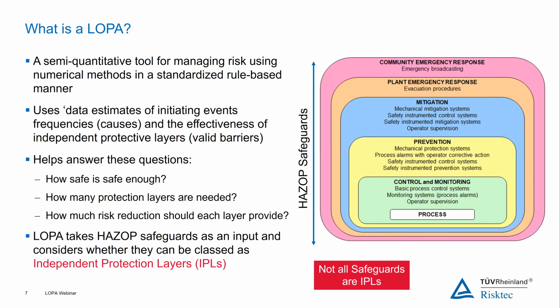Now, I talked a little bit earlier about simple LOPA and complex LOPA. In the second bullet point there, we've got data estimates that we're using, and that could be for event frequencies and effectiveness of barriers. A simple LOPA will tend to use orders of magnitude to estimate these frequencies, so 10 to the -3 or 10 to the -4.